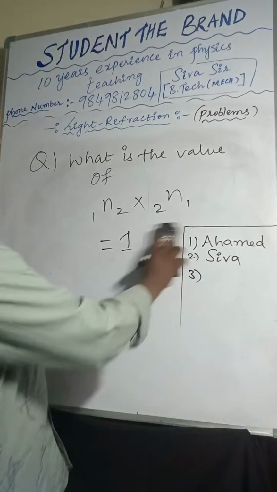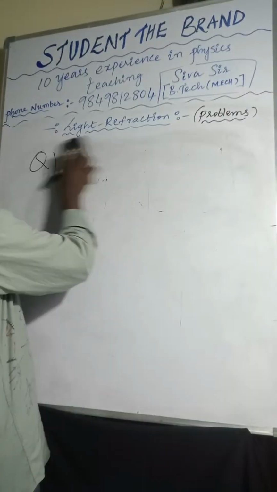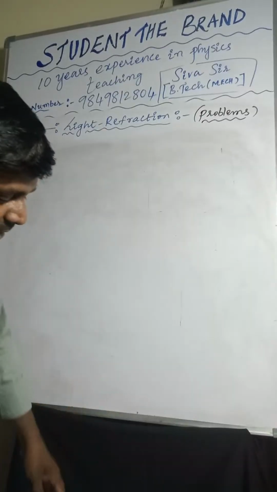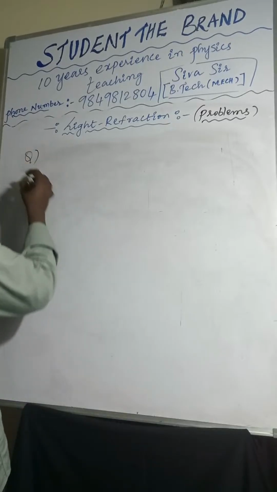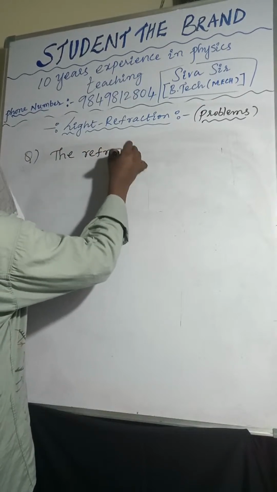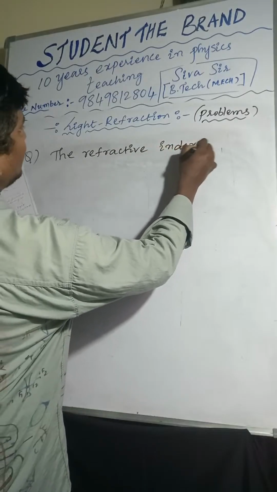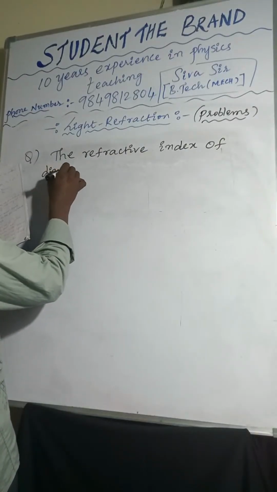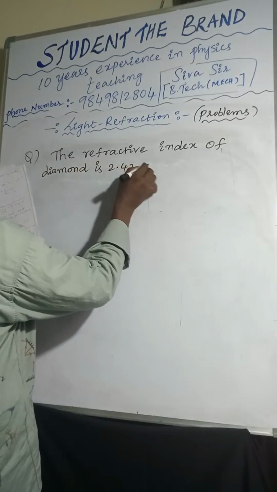Very important. This question is very important. Just check once. The refractive index of diamond is 2.42.